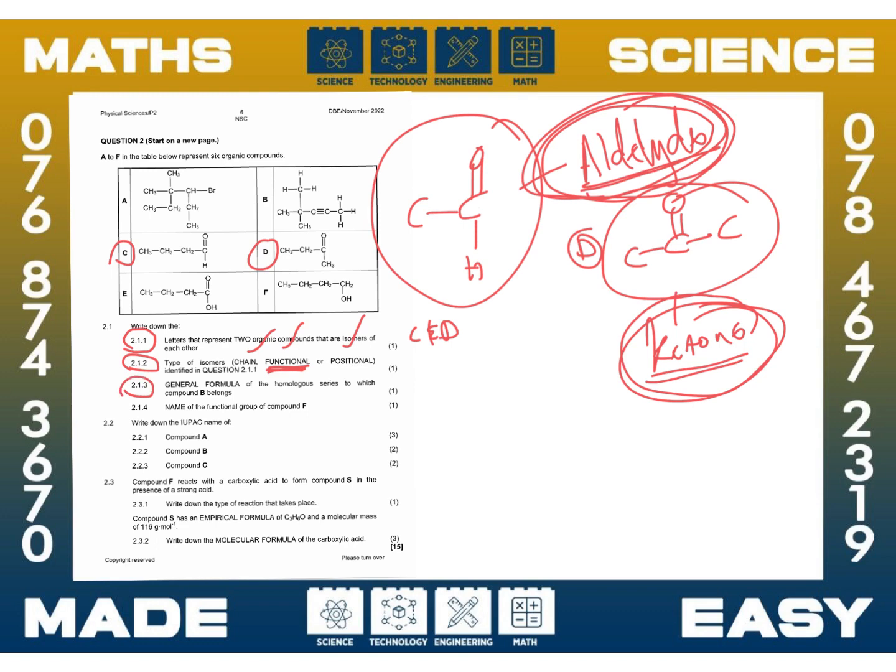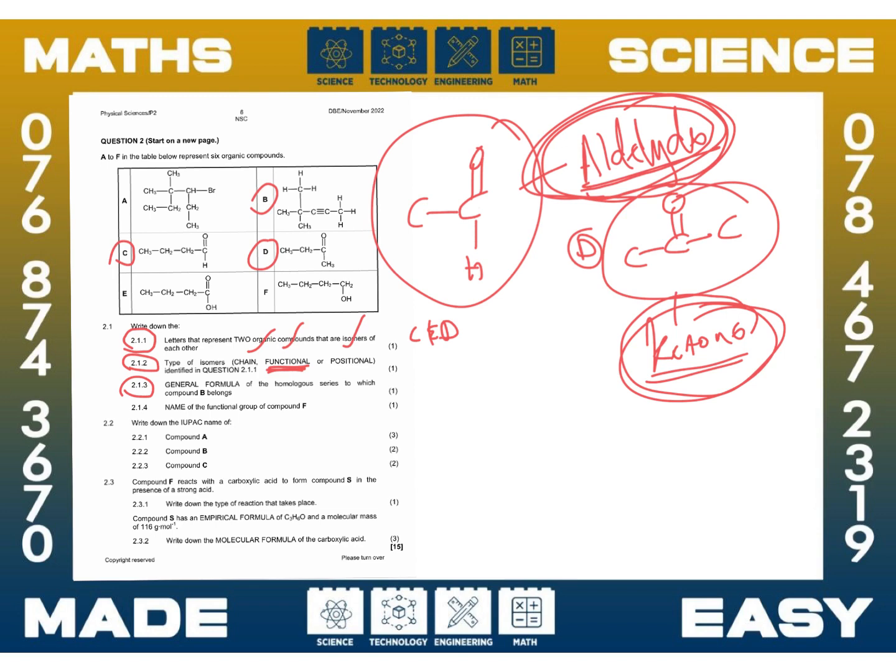The general formula of the homologous series to which compound B belongs. Compound B. Okay. So compound B is an alkyne.